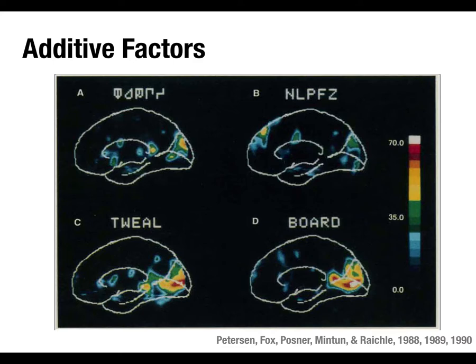All right. Anyway, so additive factors is just sort of a step up. So rather than the subtraction between two things, you have multiple levels. Another term that's used in other areas of psychology sometimes is levels of processing. So in the original PET imaging studies done in the late 1980s, it was actually Mike Posner, a cognitive psychologist, who brought this design to the other people working in that group, who were radiologists and MDs and knew the brain imaging side well, but not the cognitive science side as well.